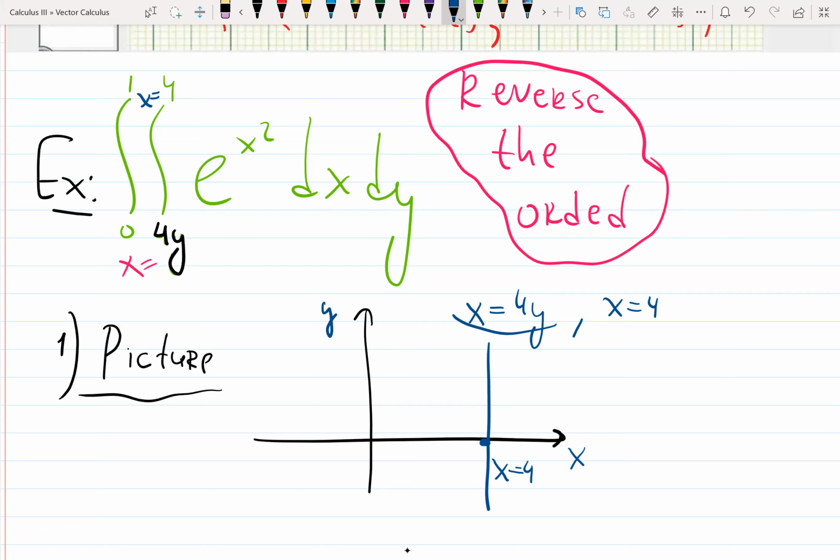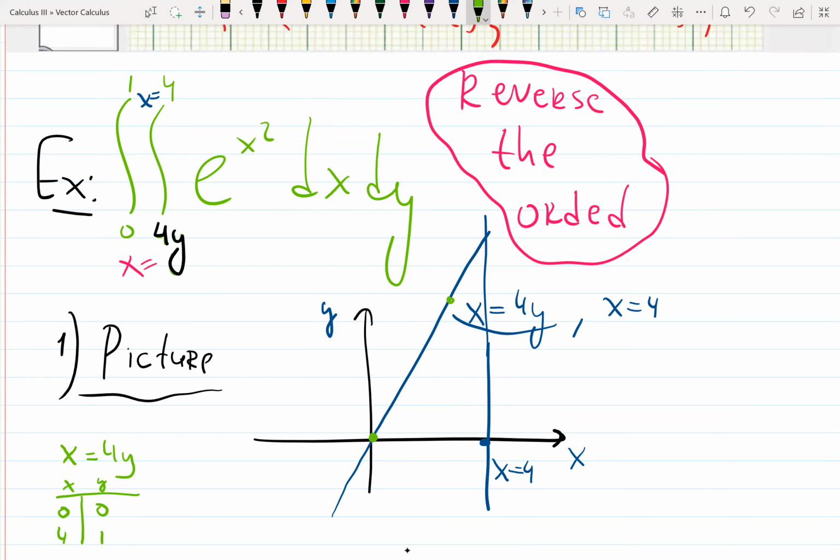I know how to draw y equals x, and then 1 over 4 just makes it lower. But if you want, you can use 2 points. If you plug in y equals 0, x gives you 0. y equals 1 gives you x equals 4. So 0, 0 and 4, 1. Boom, done. So like so.